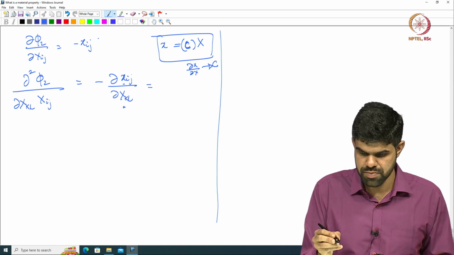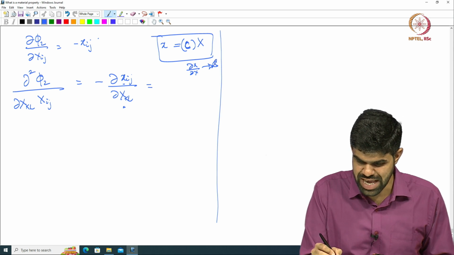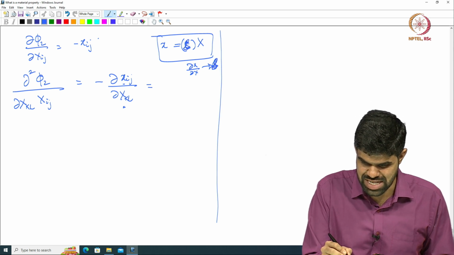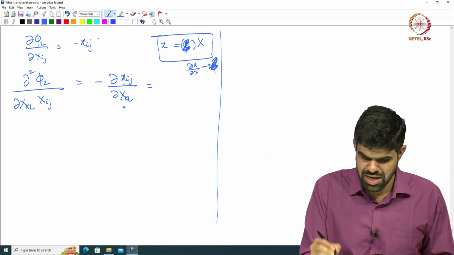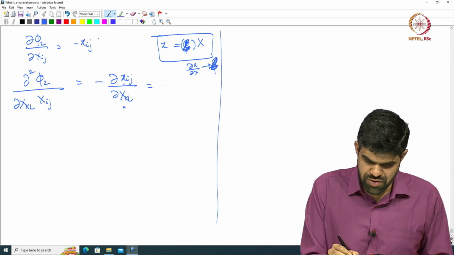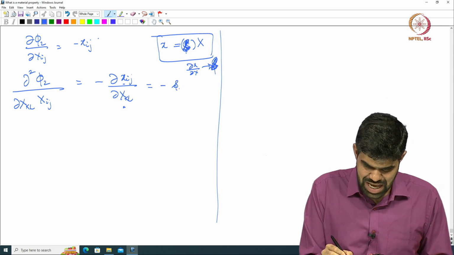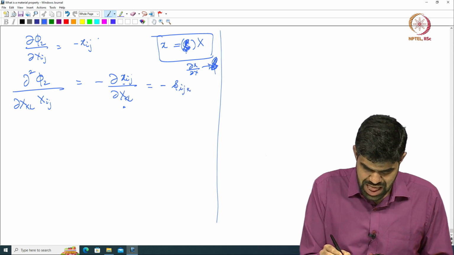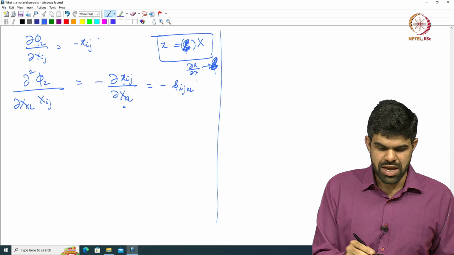So, ∂x/∂x, that sort of a tensor gives you the compliance, so the compliance is the s, small s. So, that will be minus sijkl, right.